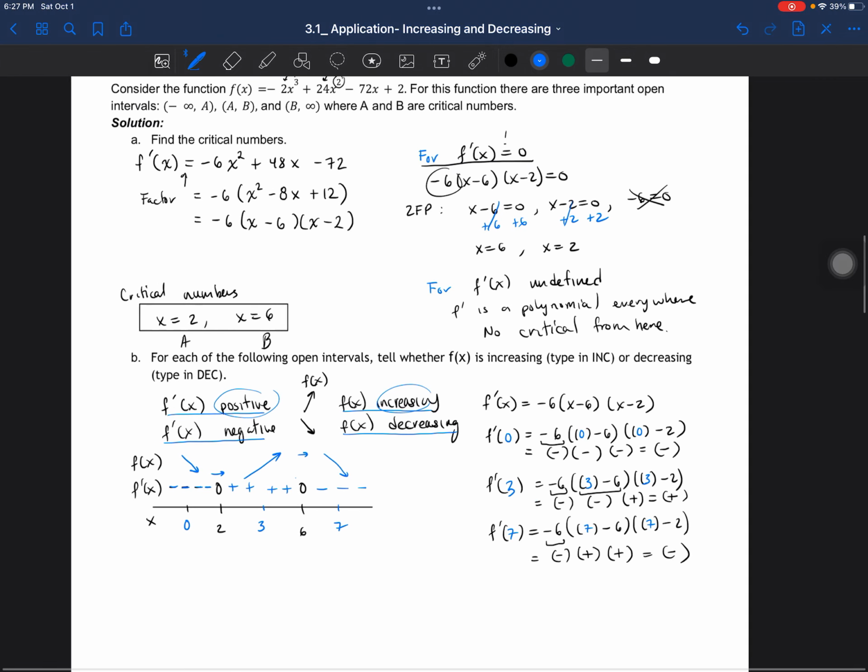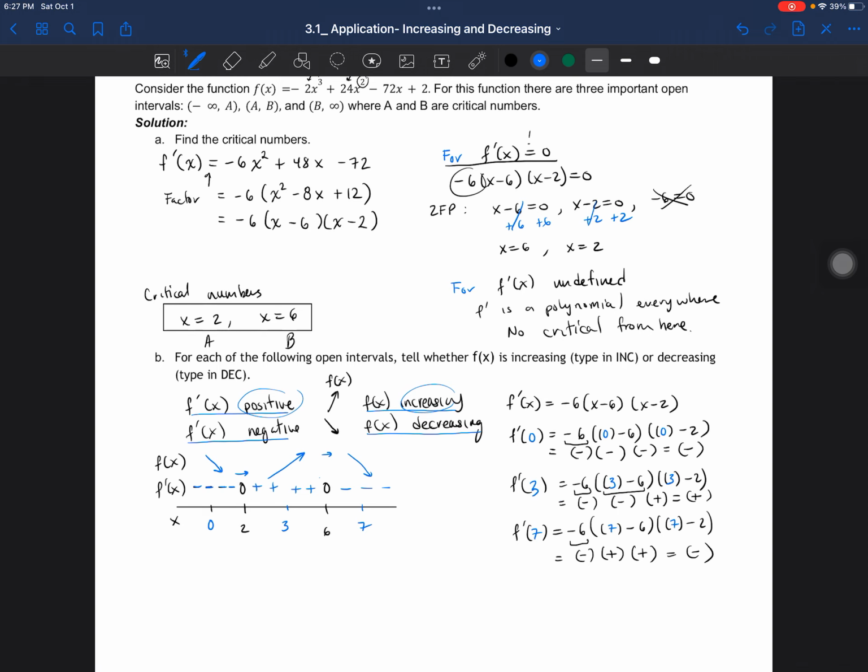So when you're writing your intervals, by looking at the picture above, we can determine that from negative infinity to 2, the function is decreasing. And from 6 to positive infinity, the function is also decreasing.